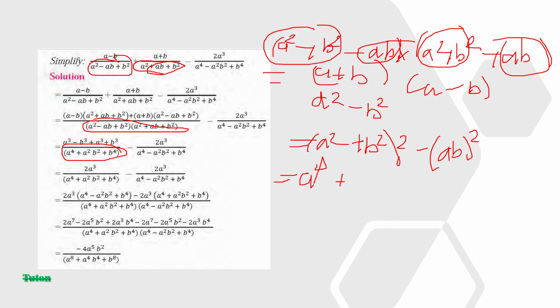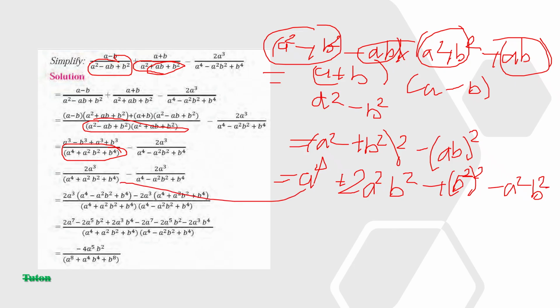A square plus 2A, we have A as a square and B as b square, and plus B square, which would ultimately be b to the power 4 minus a square b square. Now we have obtained this term, which would be a power 4 plus a square b square minus a square b square, which becomes a square b square, and we have this term as b to the power 4. Now we have obtained this term.